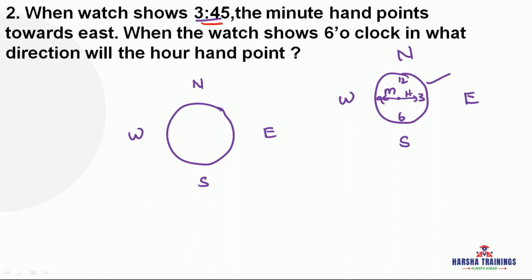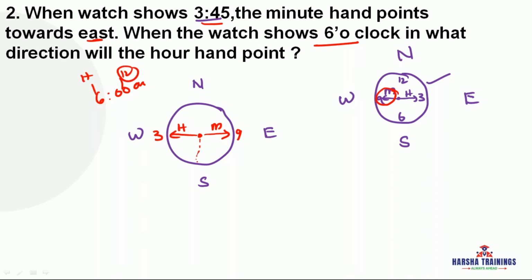The minute hand points towards east, so the minute hand at 9 shows east side. Then 3 shows the west side. So this is the hour hand and this is the minute hand.